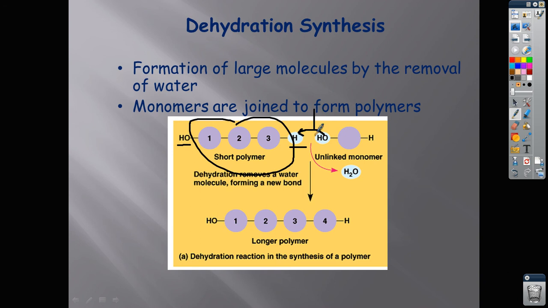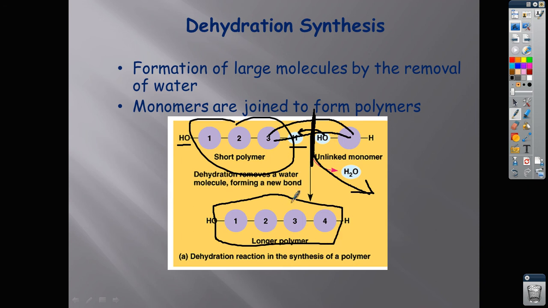Water is basically going to form as a block in the middle and not allow this monomer and that monomer to link. So the water basically has to come out. When this water comes out, this monomer can now link over to this monomer, and you end up with your longer monomer.